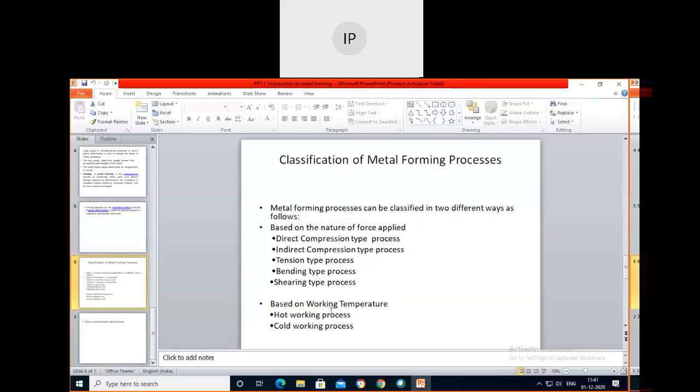Recrystallization means there will be changes in the crystal structure. What is my crystal structure? That we all studied in the material science subject. We have different atoms bonded to each other. It may be in BCC, FCC, or simple cubic.